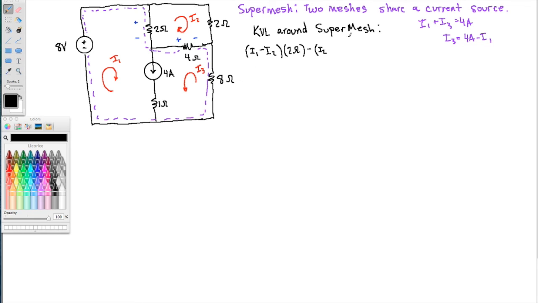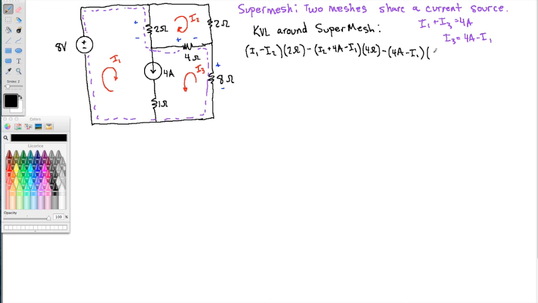But I'm not going to write I3, I'm going to write 4 amps minus I1. Then times 4 ohms gives me the drop. Now the drop across the 8 ohm resistor from top to bottom. I3 opposes me, so I need minus I3, and I'm going to write 4 amps minus I1.